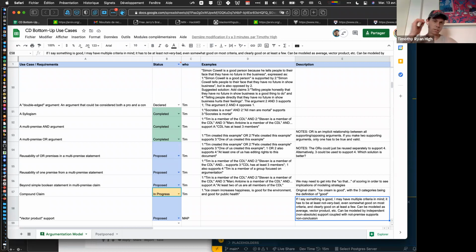You mean the signature? Are you talking about the logical construct? Or are you talking about we have claims that are being used? You're talking about the tables. So you're talking about one is ice cream increases happiness, is bad for the environment and good for public health, and another is we have multiple. We have 3 basic claims: ice cream good for the environment, ice cream, and their negation.